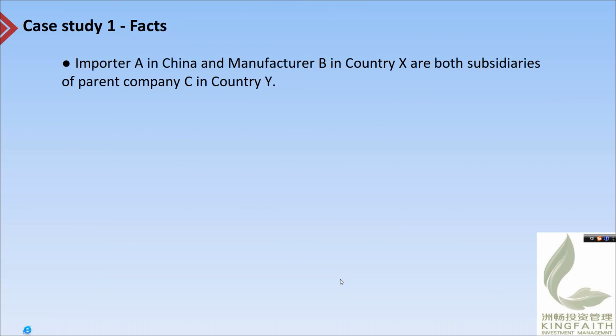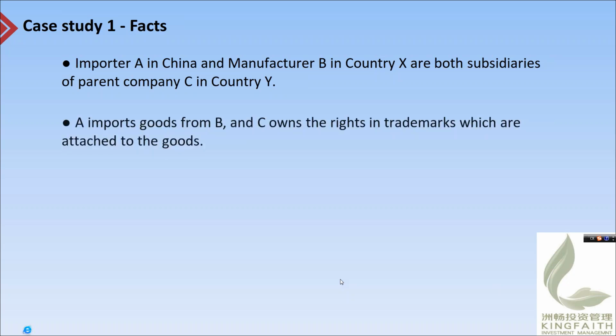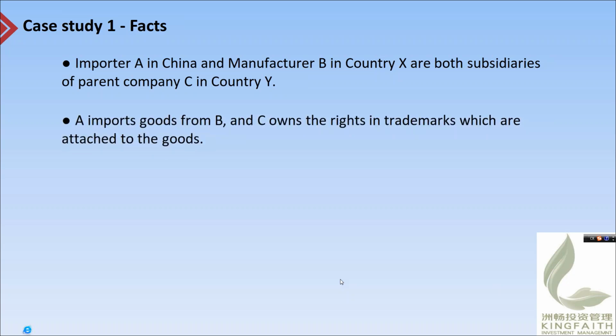We have three entities here in this first case: importer A in China and manufacturer B in country X. They are both subsidiaries of parent company C in country Y. A imports goods from B, and C owns the rights in trademarks which are attached to the goods.